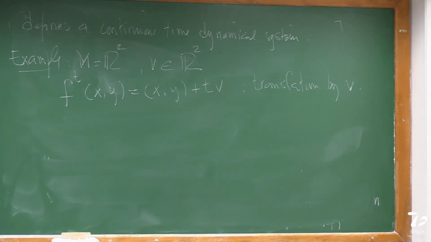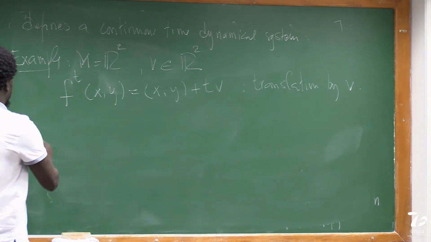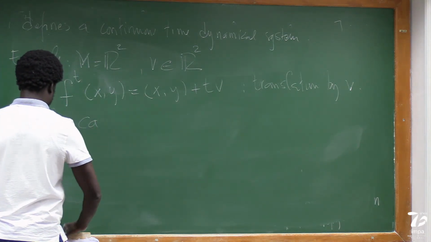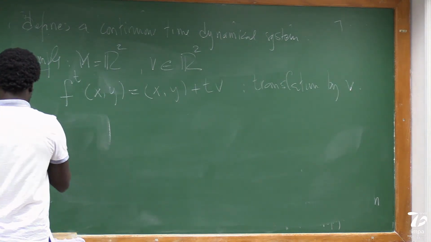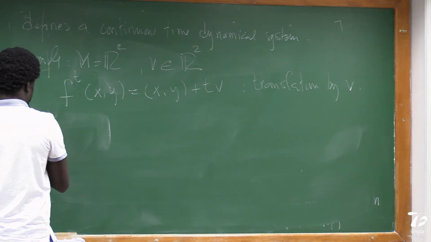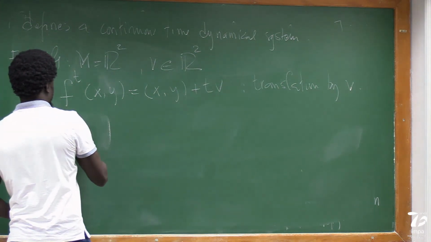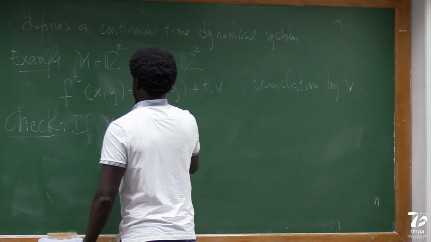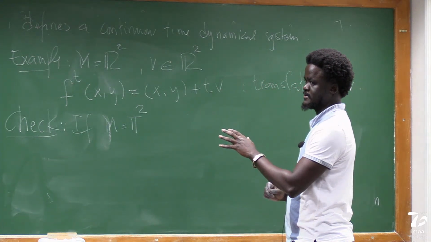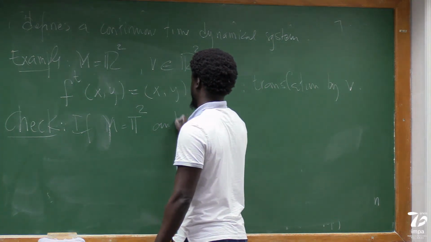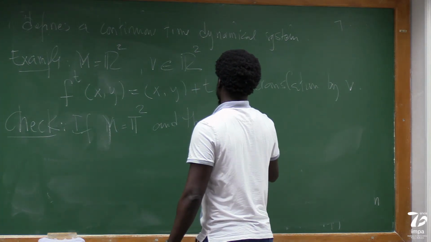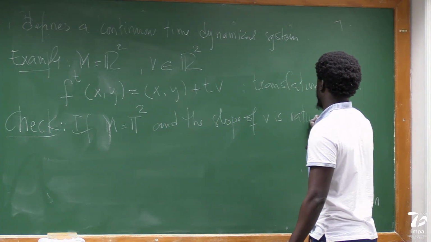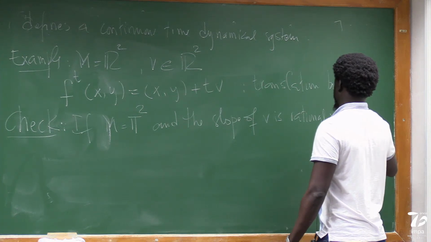So this map, you can also define it on T2. So I'll ask you to check this: check that if M is T2, the two torus, and the slope of V is rational, then every orbit is periodic.